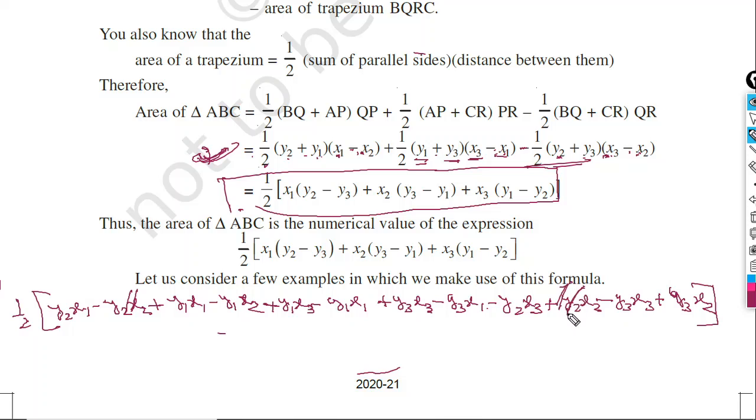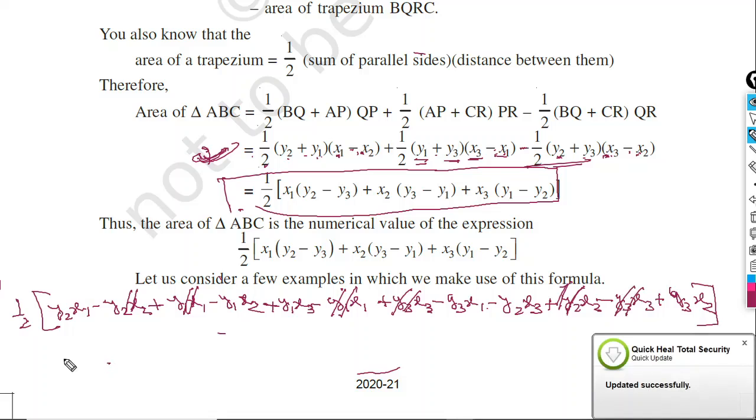Similarly your third term, y1 x1, can be cancelled with minus y1 x1. Similarly, we can cancel y3 x3 with minus y3 x3. So this much is cancelled.